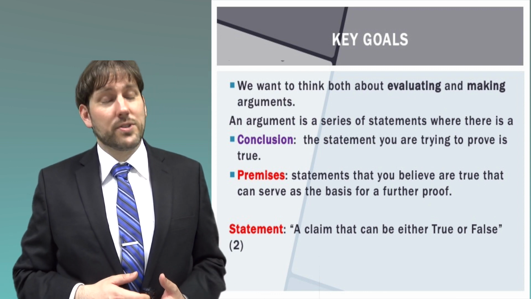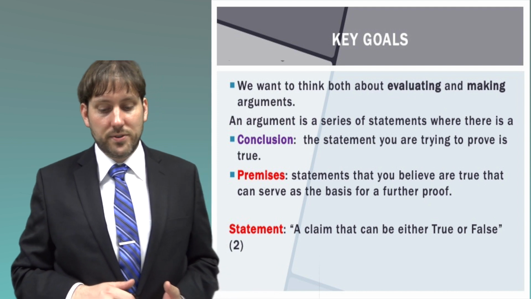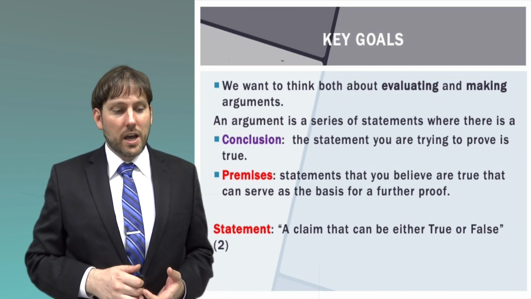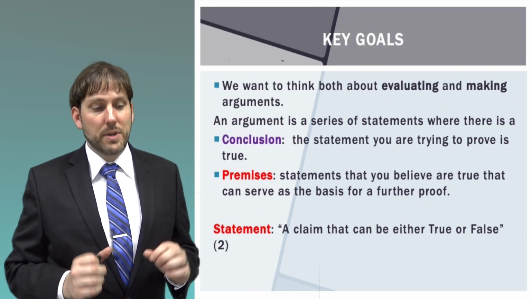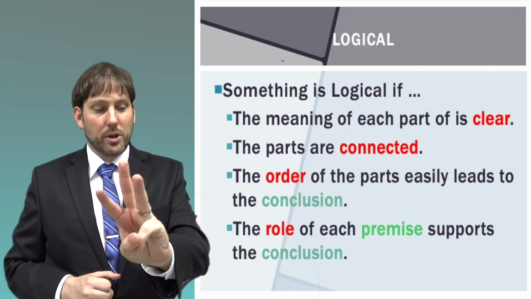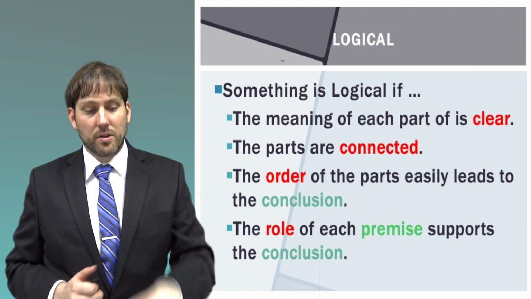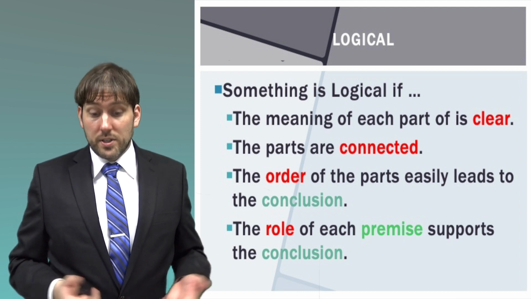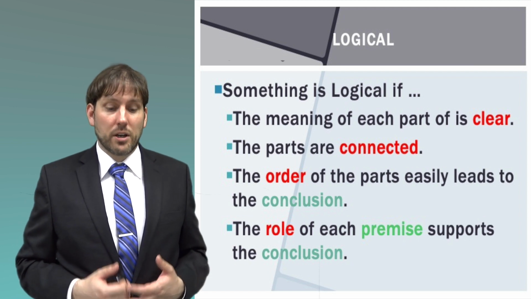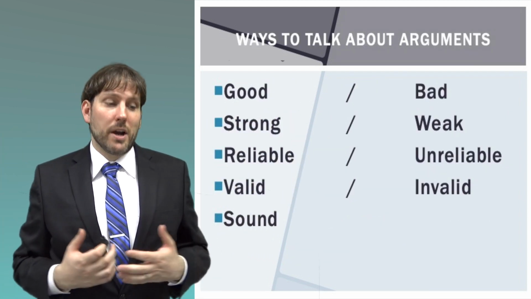I mentioned I would say this many times, and I'm going to repeat it probably for the next 3 or 4 weeks. If something is logical, this means that each part is clear, the parts are connected, the order of the parts leads to the conclusion, and the role of each premise supports the conclusion. There are several ways to talk about arguments. We can talk about an argument being good or bad.